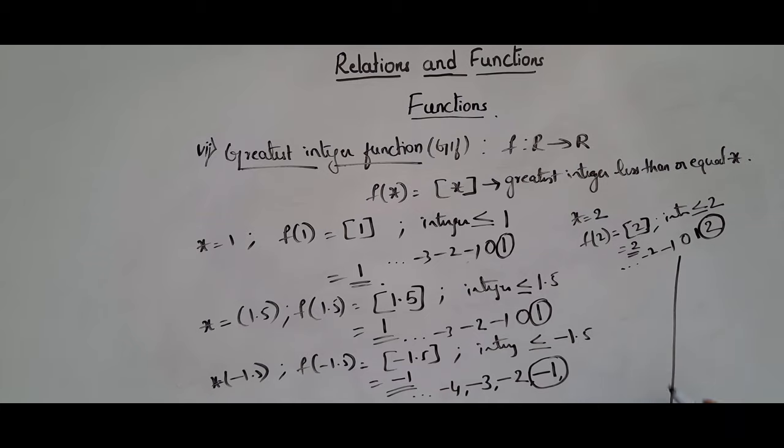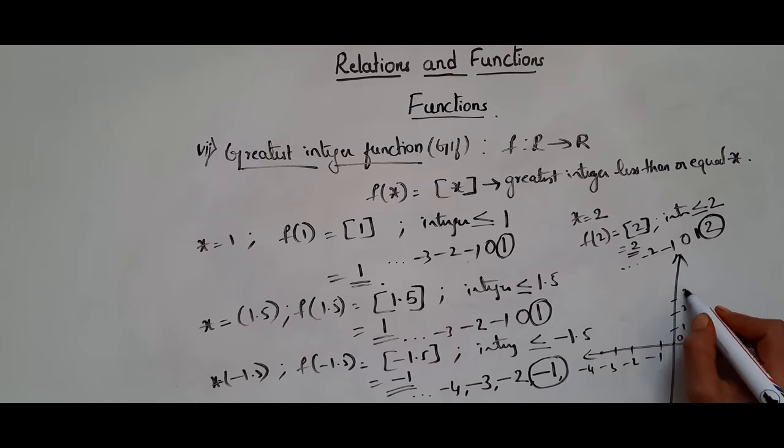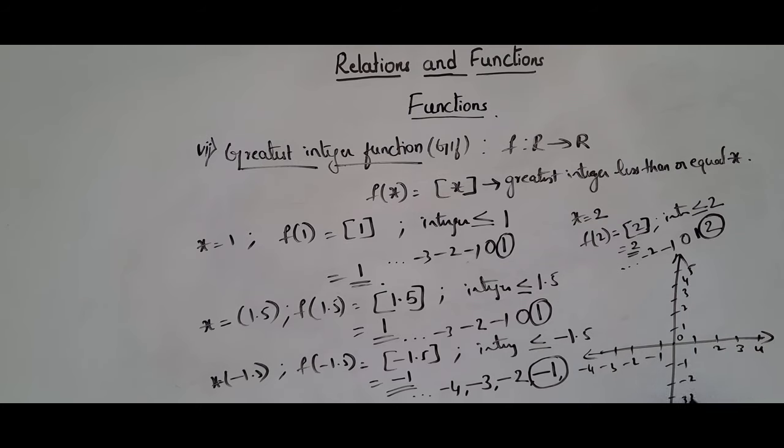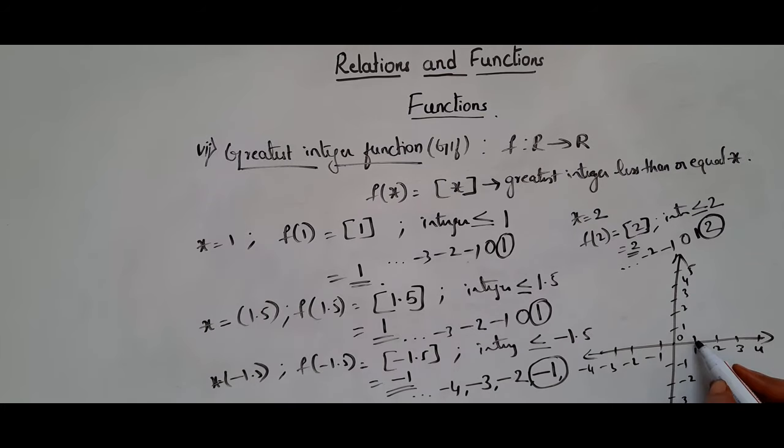Now let's see the graph. So let's take 0, 1, 2, 3, 4 on the x-axis, and here we have -1, -2, -3, -4, and on the y-axis 1, 2, 3, 4, 5, -1, -2, -3 and so on. So for x is equal to 1, your f of 1 is 1.